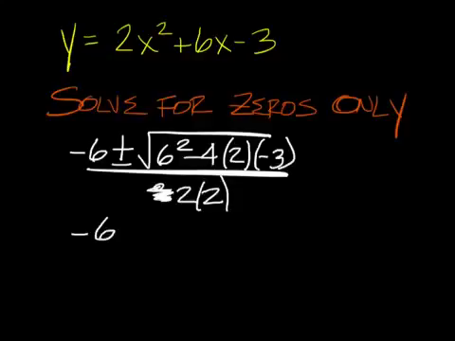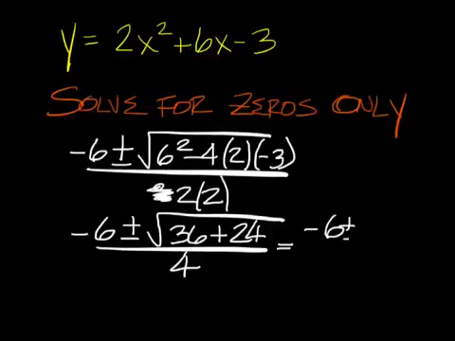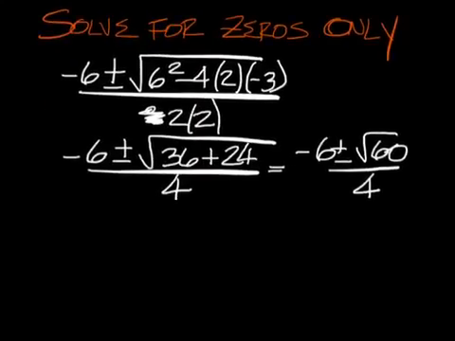So negative 6 plus or minus the square root of 36 plus 24, and then over 4. So this boils down to negative 6 plus or minus the square root of 60 over 4, and you're going to have to do that twice. Once with plus, once with minus.